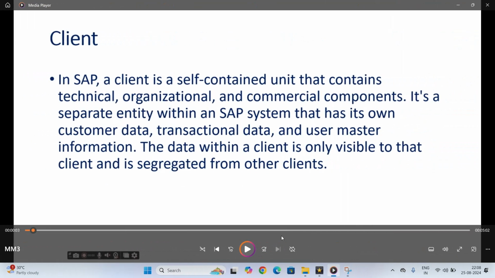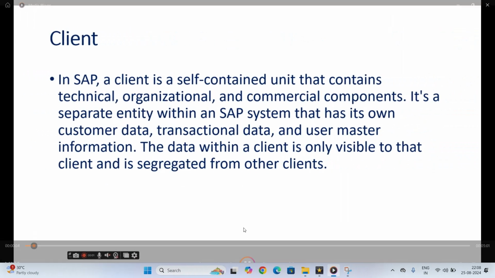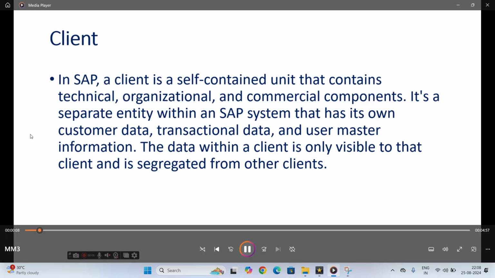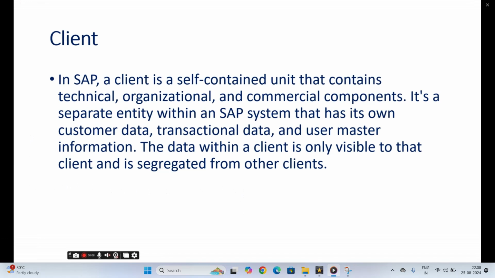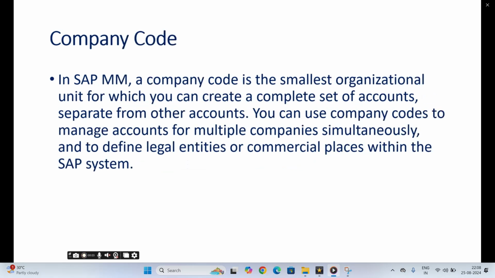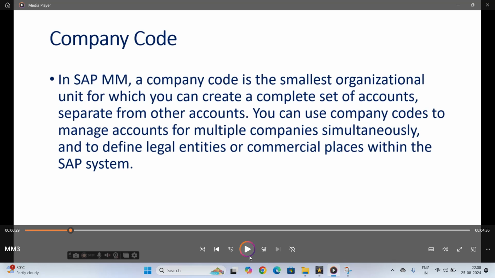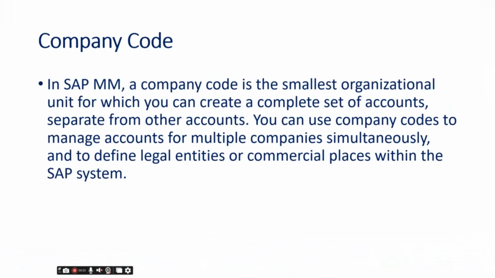Which means, suppose I have access to one client, and I will be provided with certain access. I cannot access another client because I am not assigned in that client. So those who are assigned to a client can have access to that client.